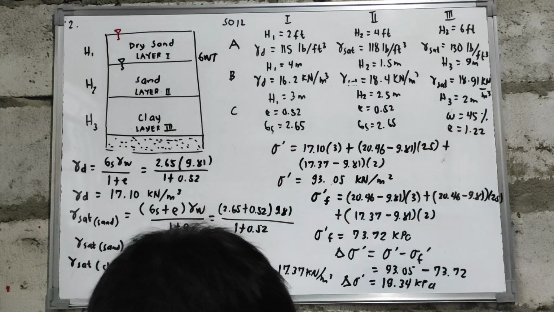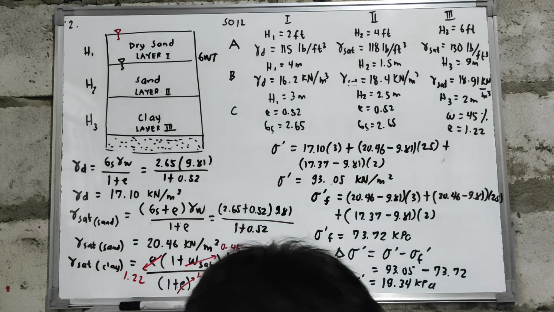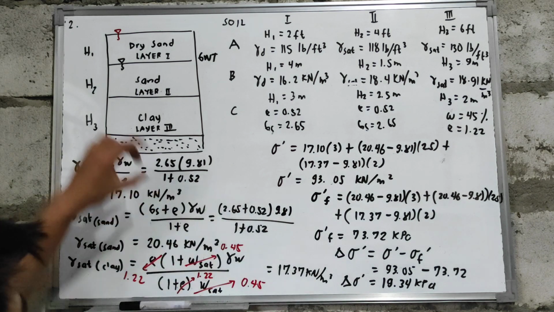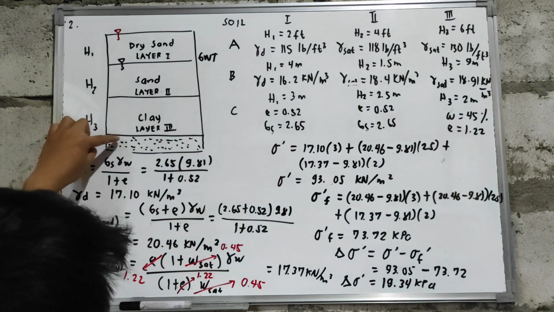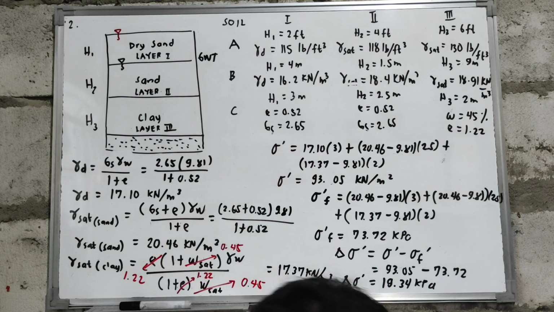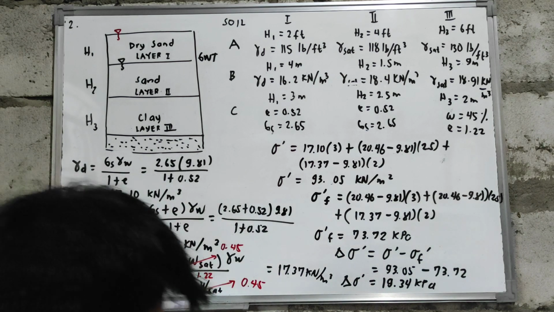So how many meters must the groundwater table rise to increase the effective stress to 100 kPa at the bottom of the clay layer? So gawin natin reference yung bottom ng clay layer natin. So hahanapin natin yung value ng H natin.